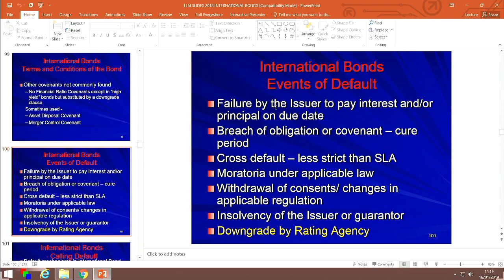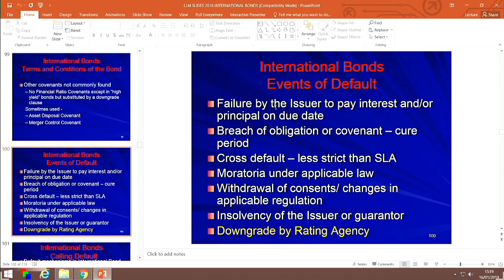So if you're looking at what is the applicable law that you're going to look at in relation to a moratorium, governing law dictates it. If the governing law is English law, Rome 1 will dictate it. Rome 1 says nothing but the governing law, unless Article 9.3 enables the application of the law of the place of performance.